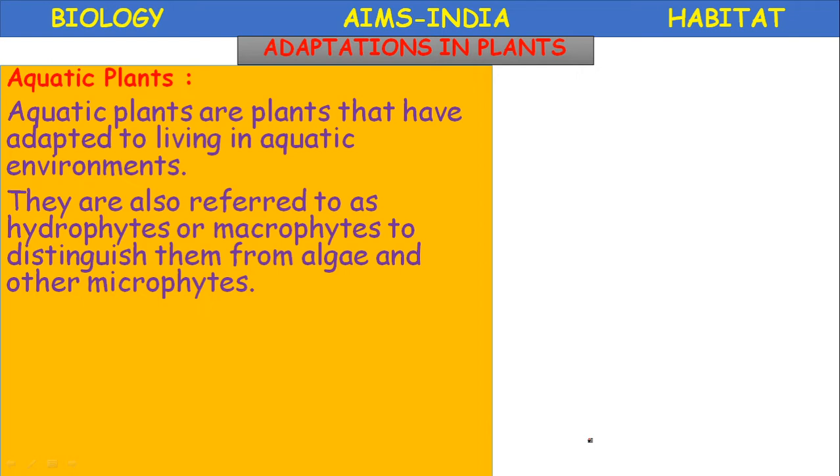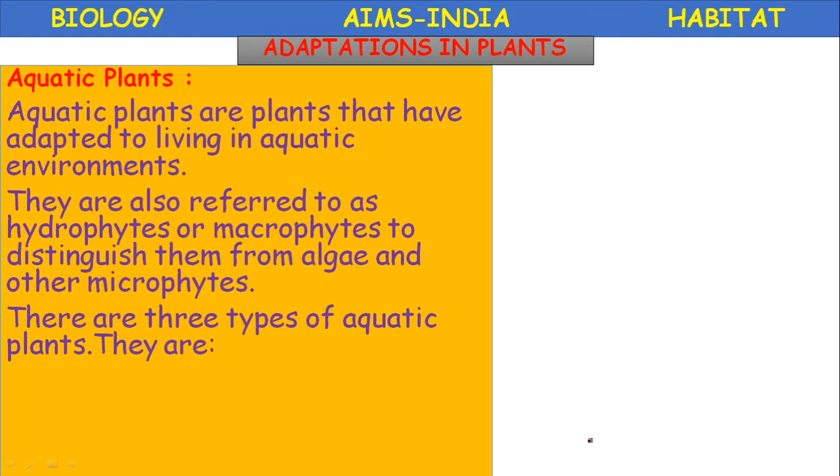So you know, algae and other planktons means small water plants like diatoms. These also live in water, but hydrophytes are also called macrophytes, means large in size, whereas microphytes means small, microscopic algae.